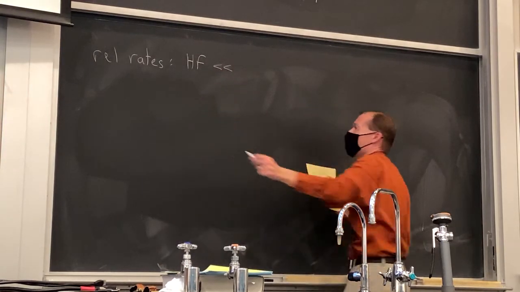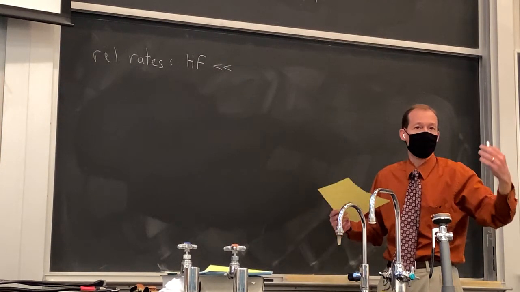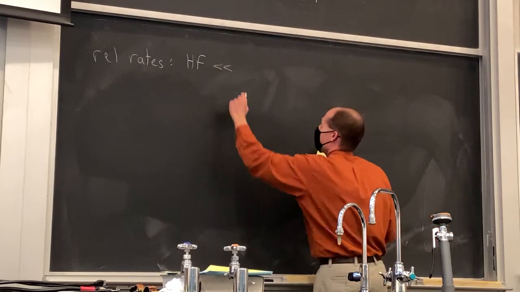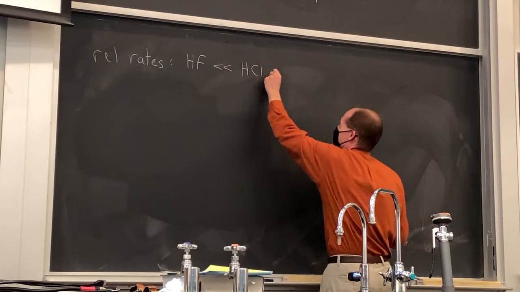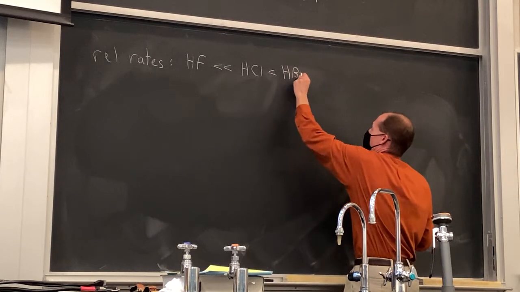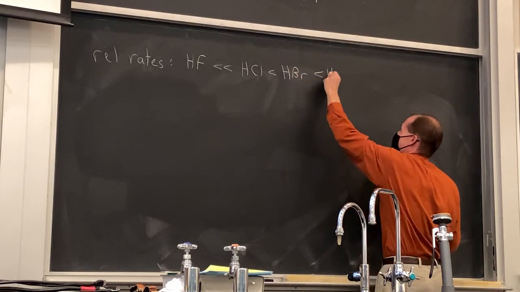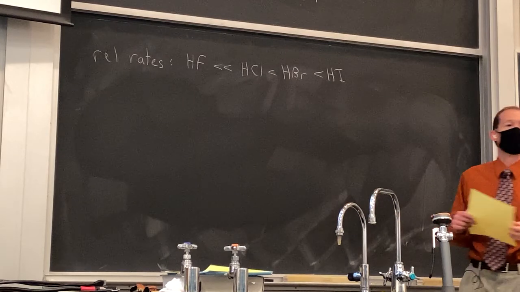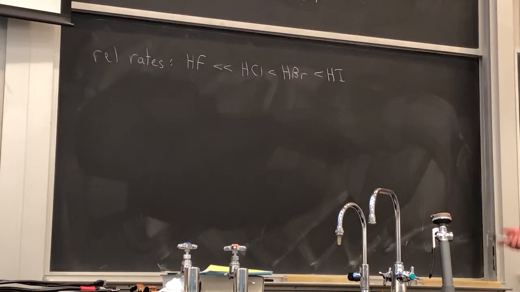So we'll put two less than signs here, indicating that the rate is going to be so slow, we're not going to see that reaction. And then what we see is that the rate will increase as the acidity of the HX molecule increases. So HI is going to react the fastest, HCl would react the slowest. So this suggests that our HX species is functioning as an acid in the rate determining step of the reaction.